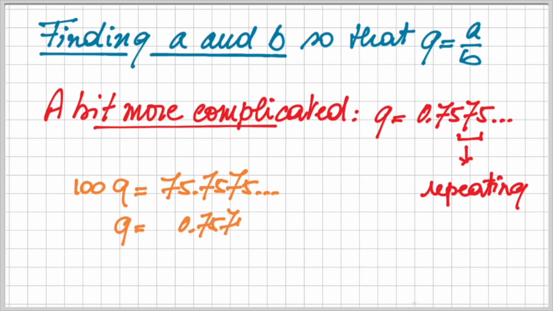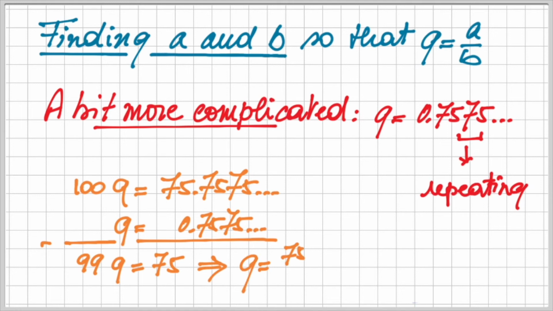Again, we subtract q from 100q, and now we find that 99q is equal to 75. We can write this as q is 75 divided by 99, but we want to simplify. We want to find the smallest numbers a and b.